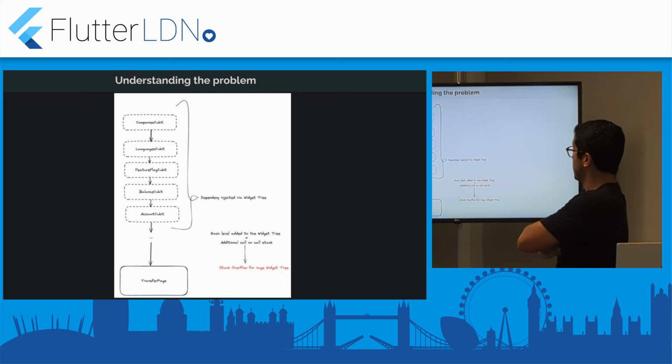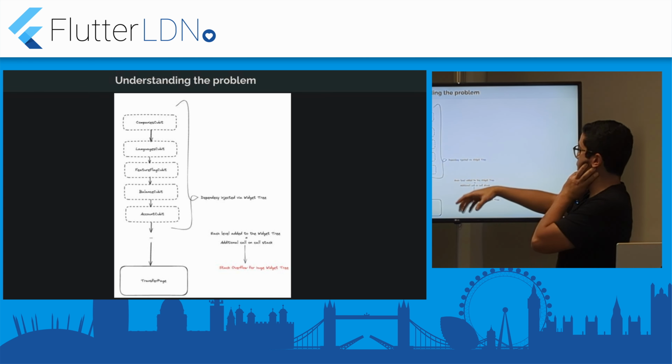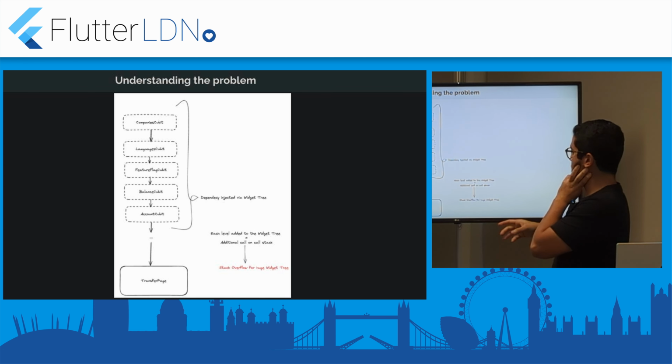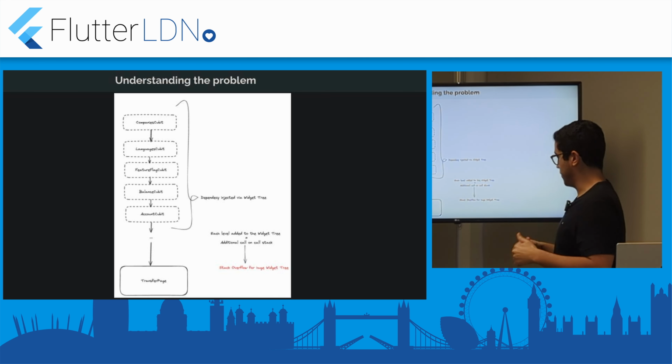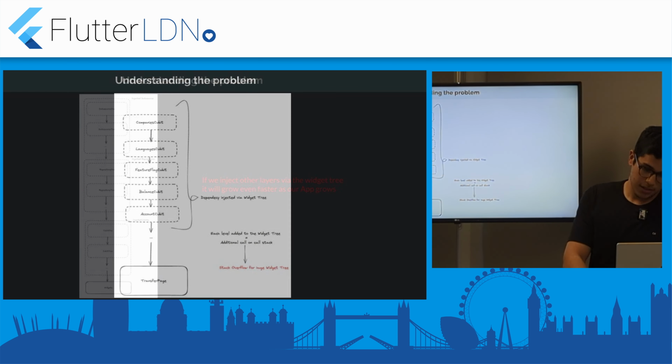Just to visualize a bit more, here in this drawing that I did, we have our cubits, or any model used to inject your state, injected above one page or one widget. For each cubit that we add in this widget tree, we are adding a call on our call stack. So if your call stack is very big, you can overflow it.